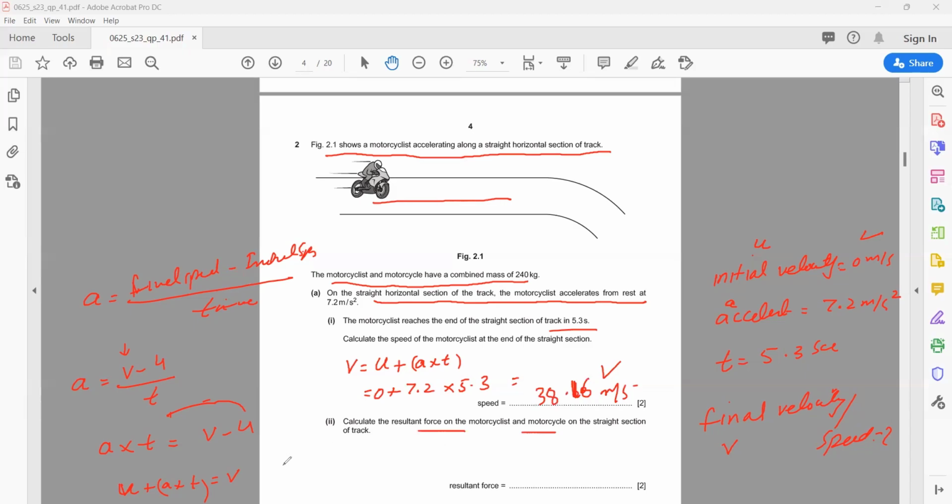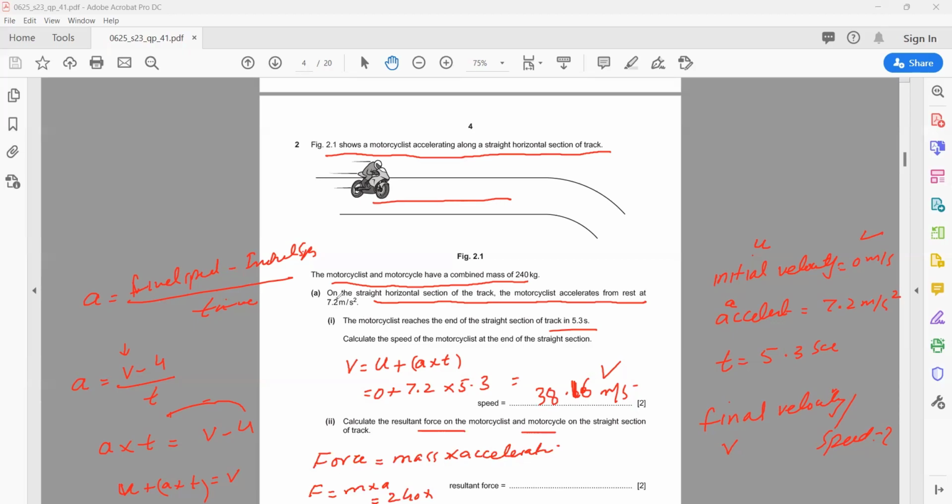So you know that we have the equation: force equals mass times acceleration, or written like this, F equals m times a. They have given the total mass, that is 240 kg.